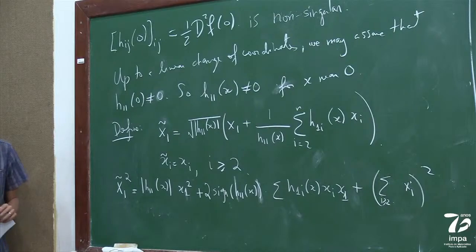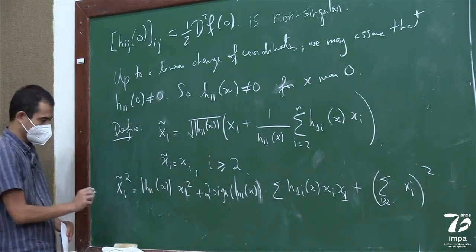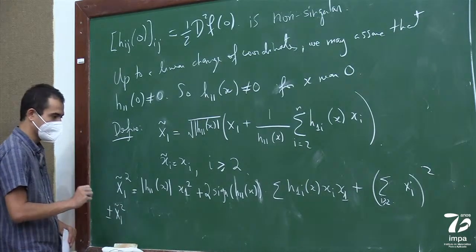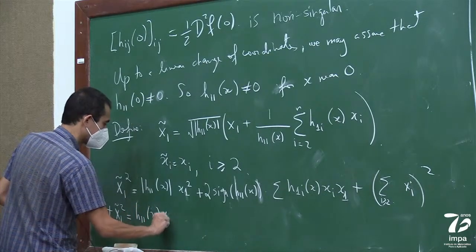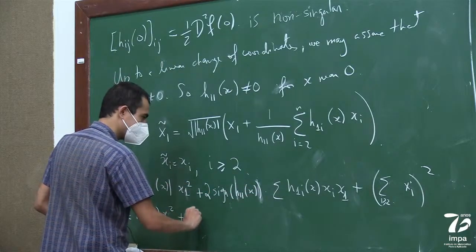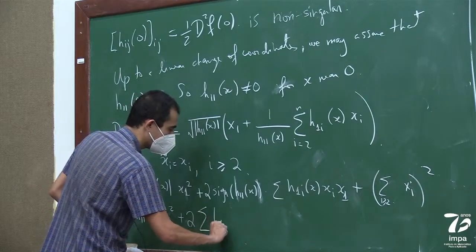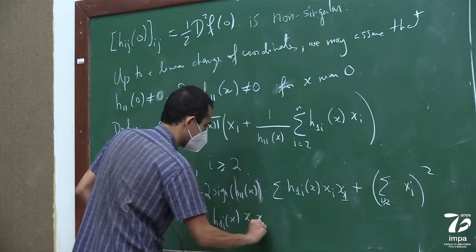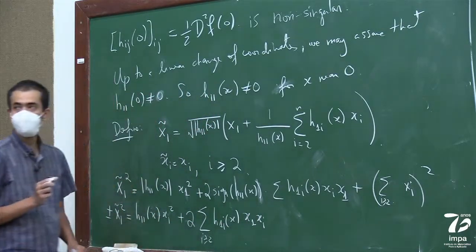All right. So now, if I put that sign here, the sign of h11, so I have plus or minus x1 tilde squared. This is going to be exactly h11 of x, x1 squared, plus, now, the sign, I have twice the sum of h1i of x, x1, xi, for i greater than or equal to 2.